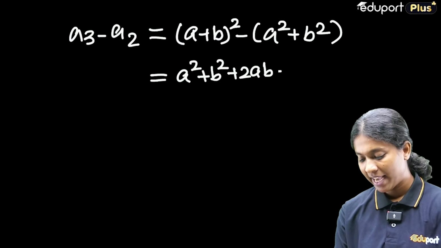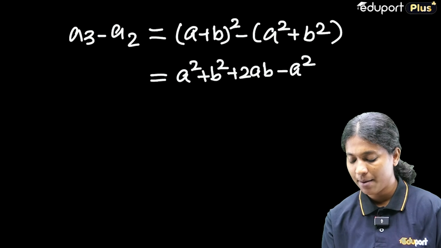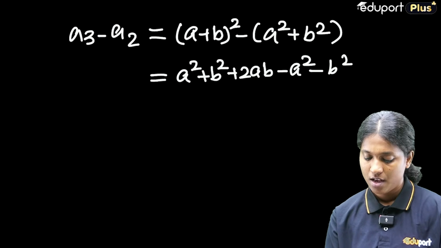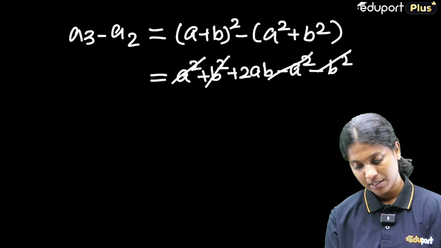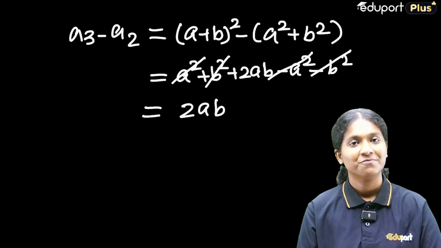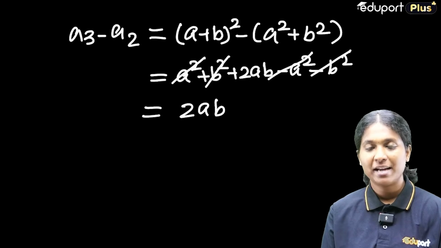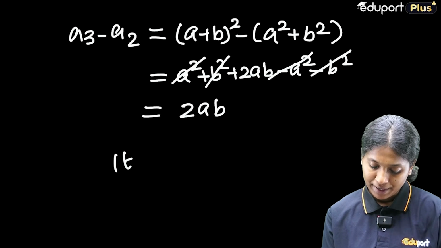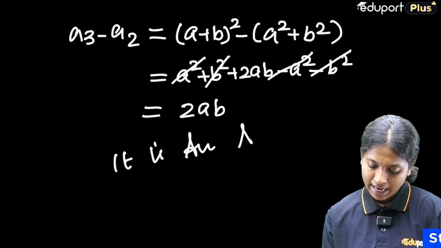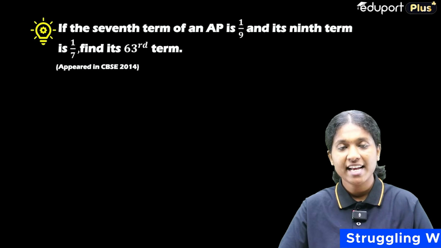Minus A square minus B square when we are opening the bracket. So A square and minus A square will be cancelled. B square and minus B square will also be cancelled. Then it will be 2AB. What we got? A3 minus A2 is also equal to A2 minus A1. So it is an AP.